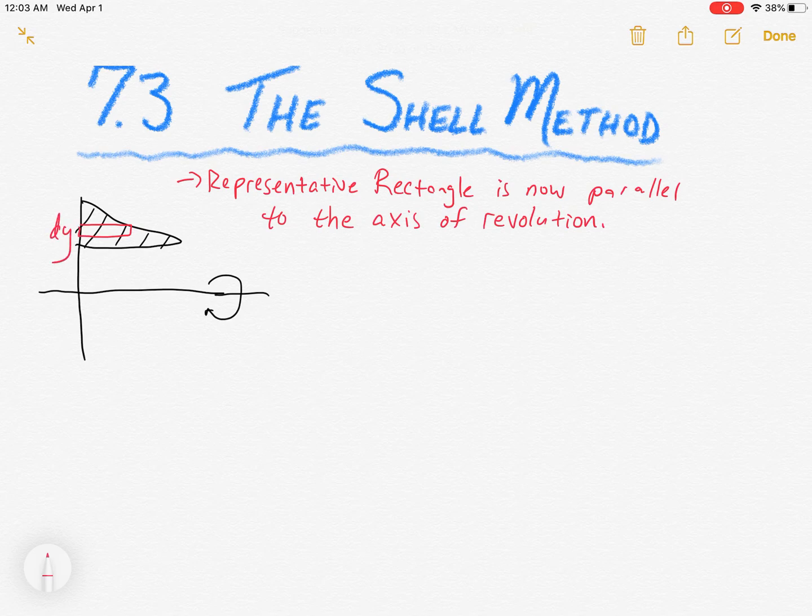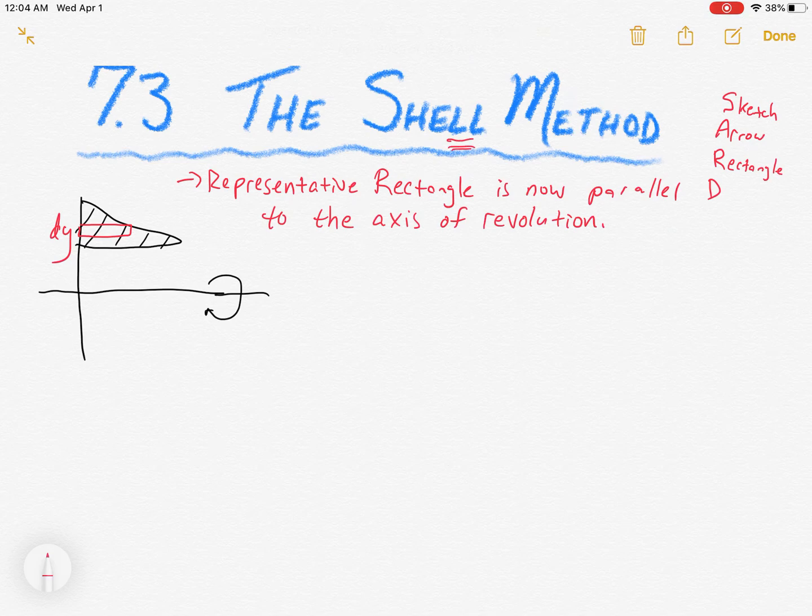So shell method, very similar. You still have the SARD thing that I was speaking about. Sketch, then draw your arrow, that's the same. Then your rectangle, but now the rectangle can be parallel. So shell is parallel, right?